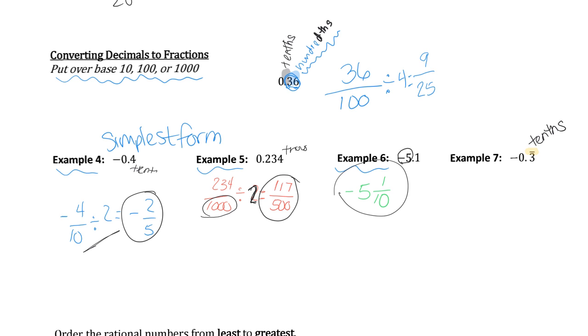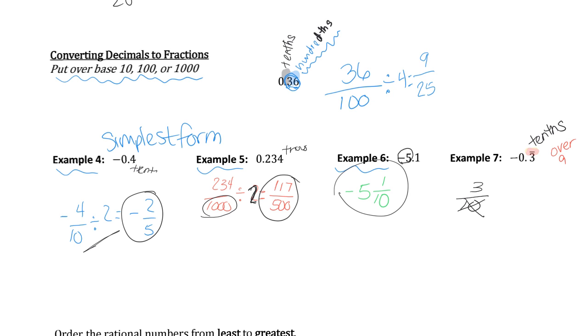So normally we would put 3 over 10. But that's not equal to 0.3 repeated. Okay? Instead of a 10, anytime you see that repeating bar, you put it over 9.